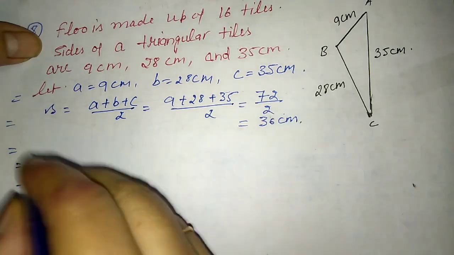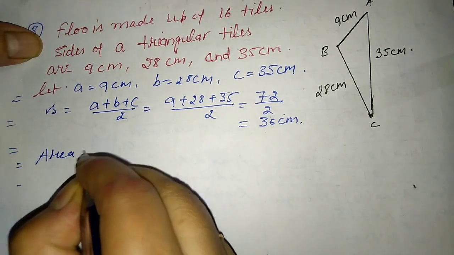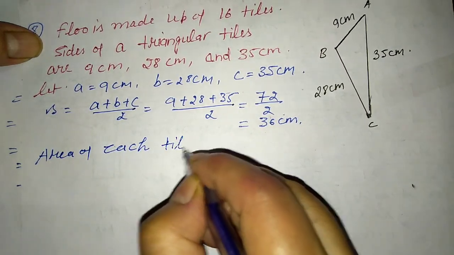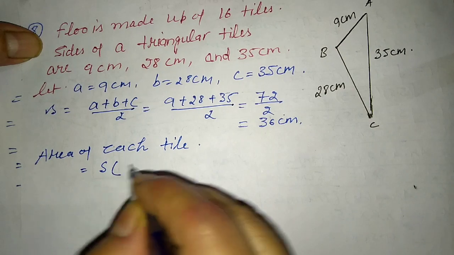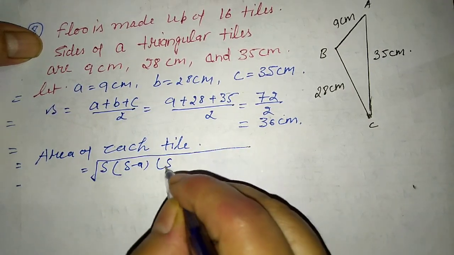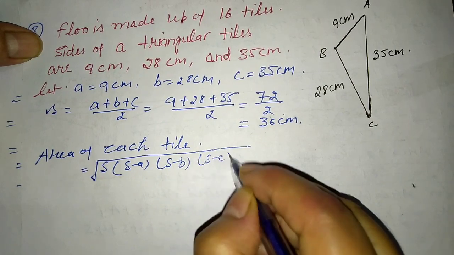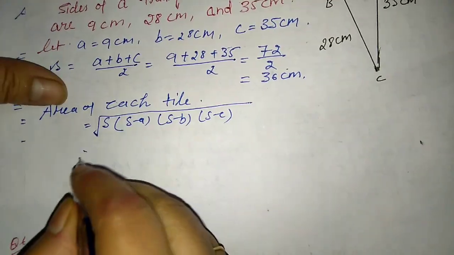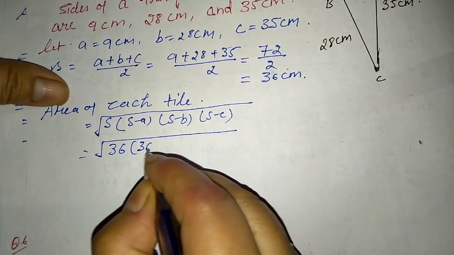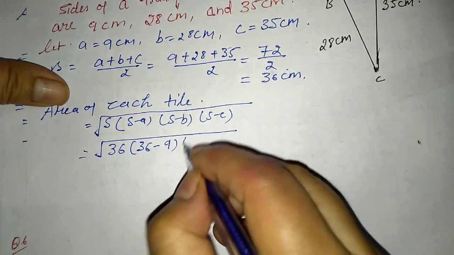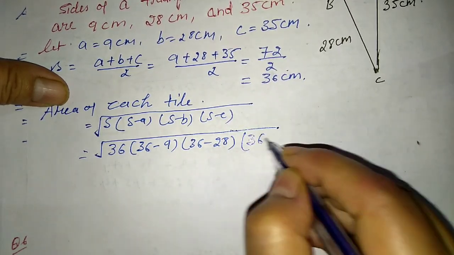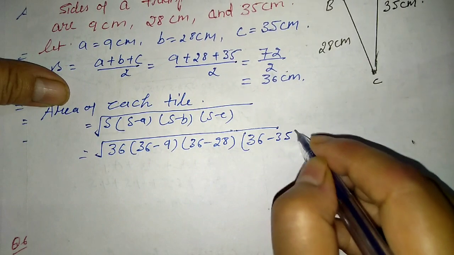So the area of each triangular tile, we know the formula: square root of s into s minus a, s minus b, s minus c. So under root, s is 36, 36 minus 9, 36 minus 28, and 36 minus 35.